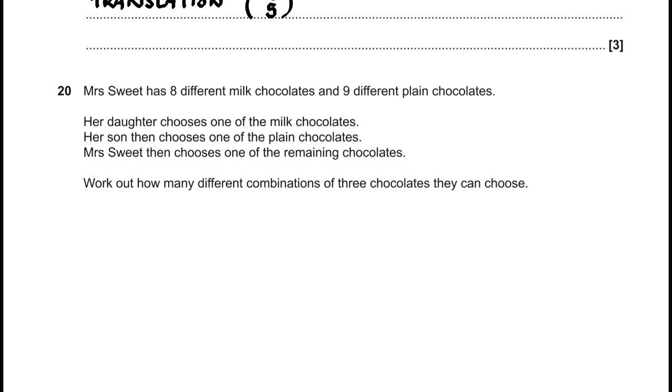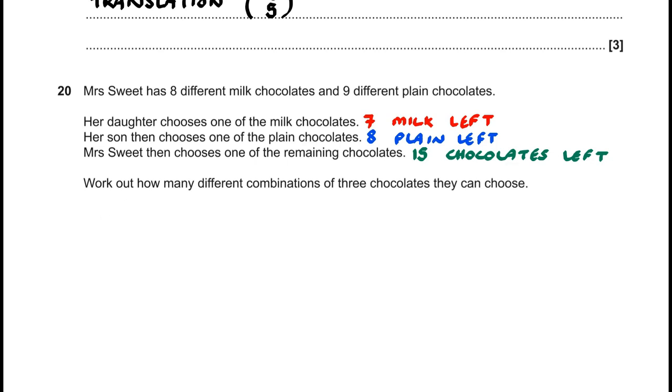If her daughter chooses one of the milk chocolates, that means there's 7 milk left. And if her son chooses one of the plain chocolates, that means there's 8 plain left. And if she then chooses one of the remaining chocolates, how many will be remaining? We've got 8 plus 9, which is 17 to begin with. Her daughter eats one, her son eats one, so that means there's 15 chocolates remaining.